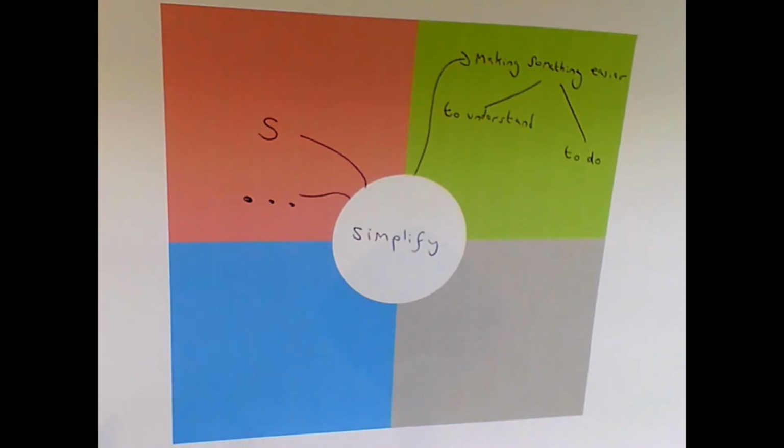Blue for when to use. When might you use this word? Well, if you're confused in school, if you're not sure what to do about something, then actually it's a really sensible thing to ask if something can be simplified.